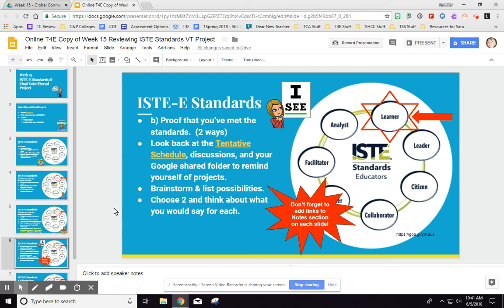Okay, so make sure to directly connect it back to the standard that you're talking about. And that, again, is where you need to put those links into the notes section of that slide.